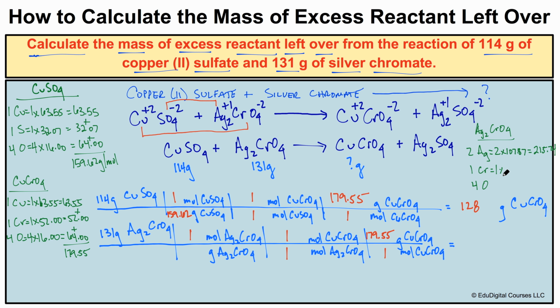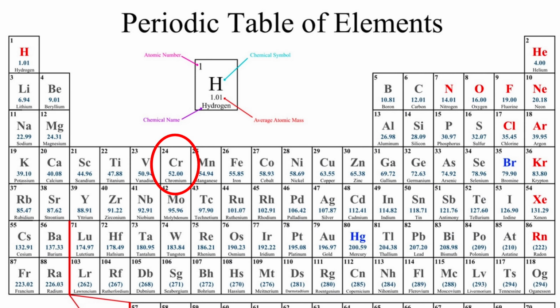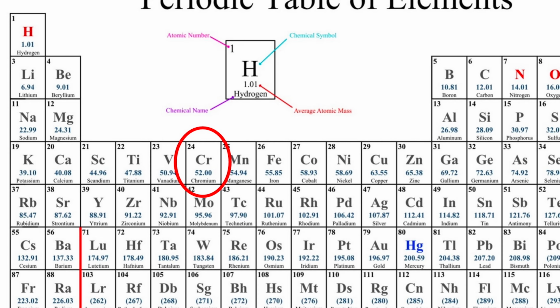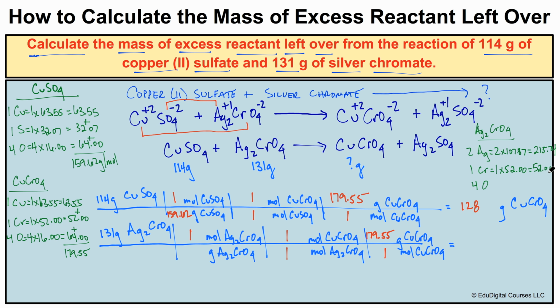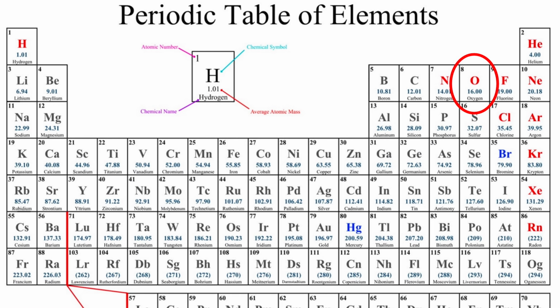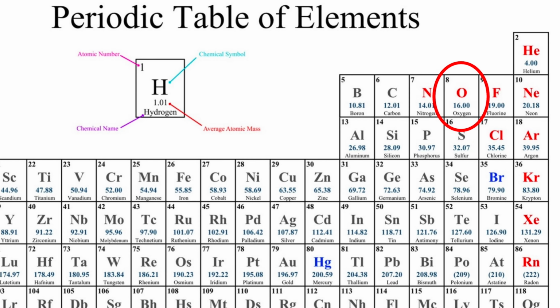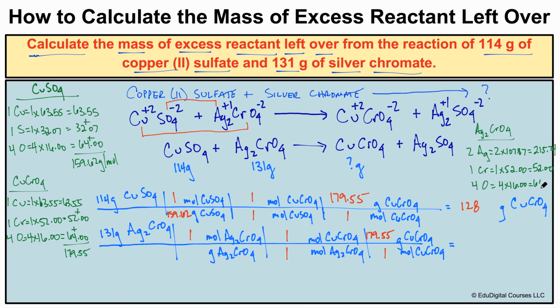We take 1 chromium, which is 1 times 52.00. That's going to give us 52.00. And we're going to take 4 times oxygen's molar mass from the periodic table, which is 16.00, and we'll get 64.00. And when we add all these up, we're running out of room, but we'll put this right here.